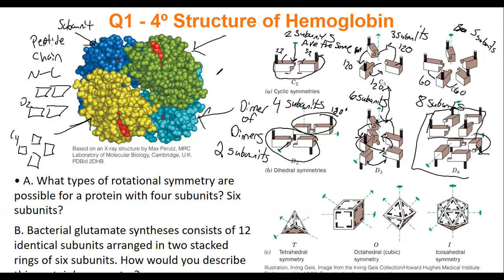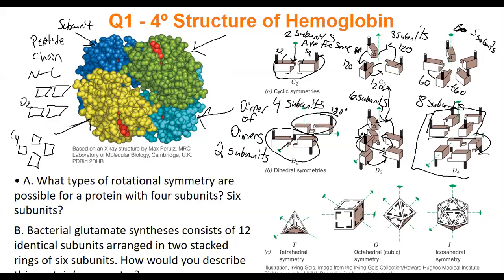Yep. C always goes with the number, D always doubles the number. So cyclic is whatever number that is. That says how many subunits are in there, and they're just arranged in a circle. D is how many are arranged in a circle, but you have 2 layers, or twice that number of subunits in that symmetry.